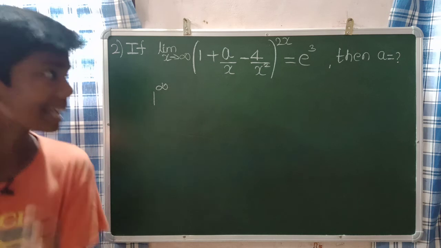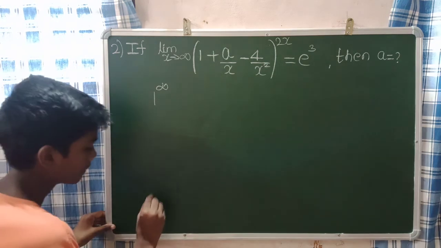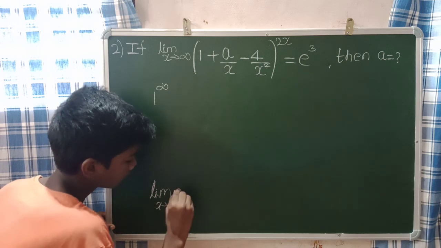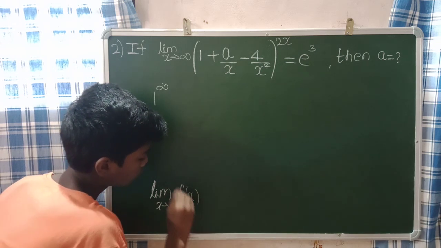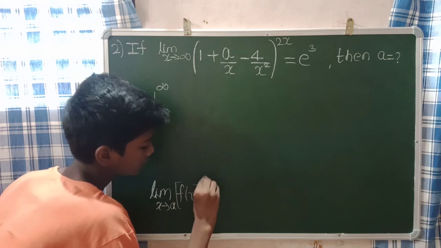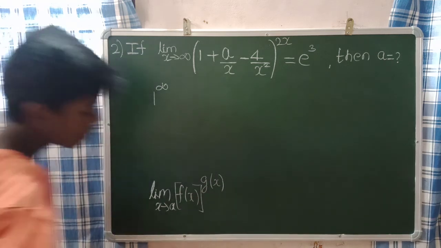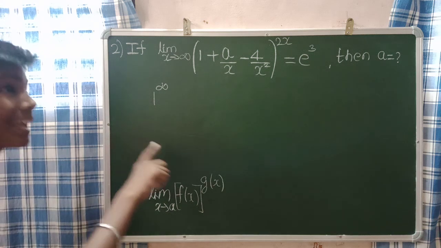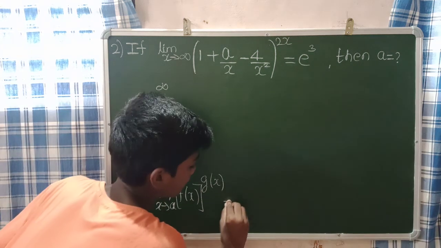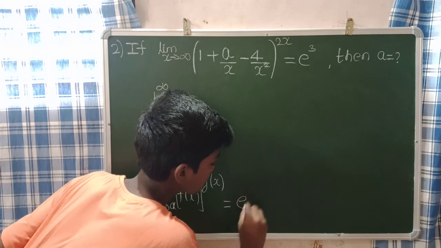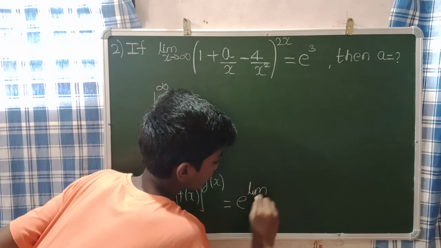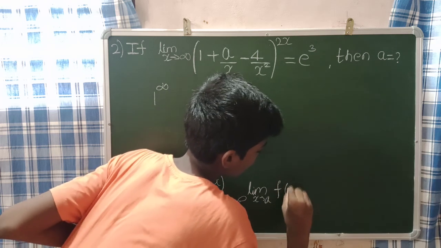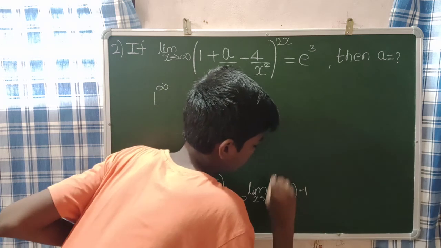So what the technique is, if I have a limit like limit of x tends to a of f of x to the power of g of x, if I solve this limit by putting x as a and I get 1 power infinity form, I can write the same limit as e power limit of x tends to a of (f of x minus 1) into g of x.